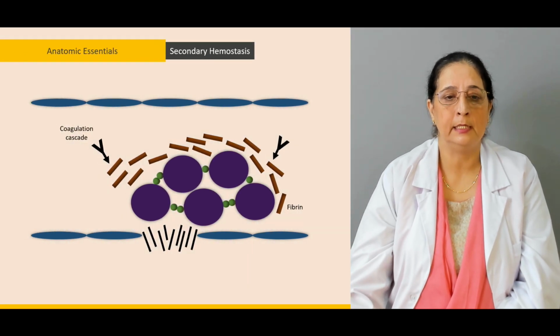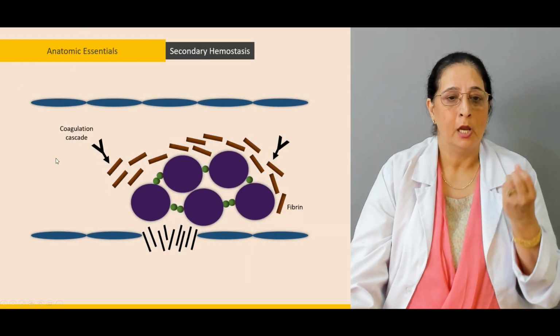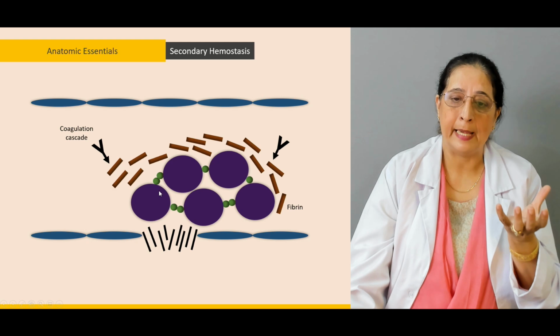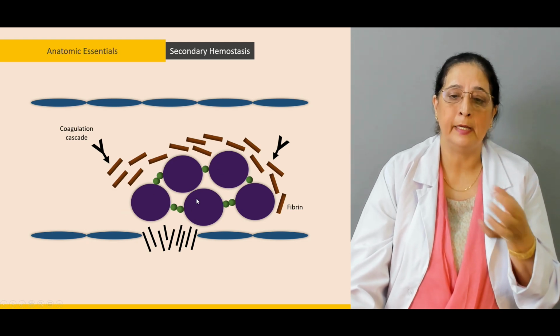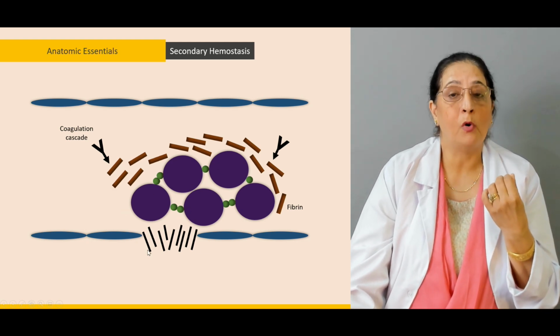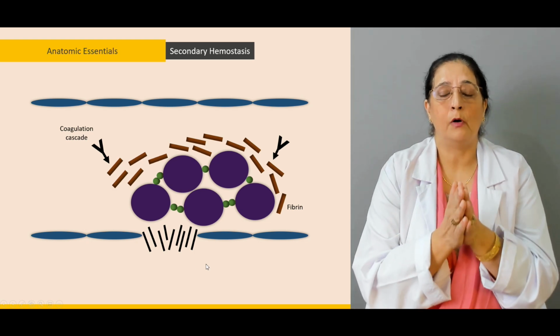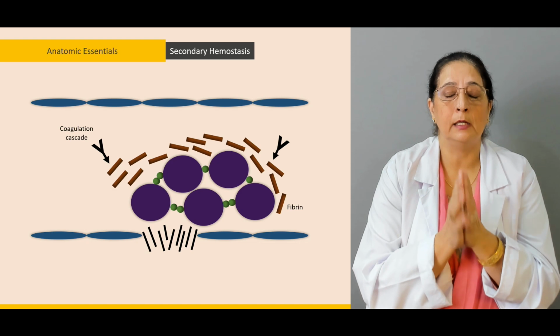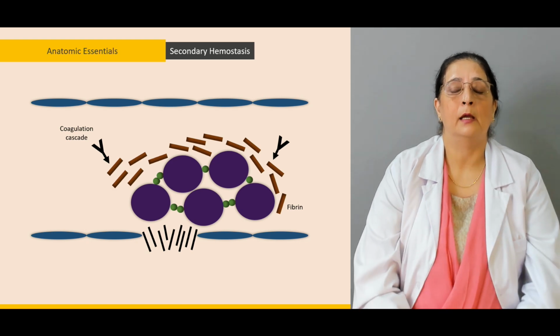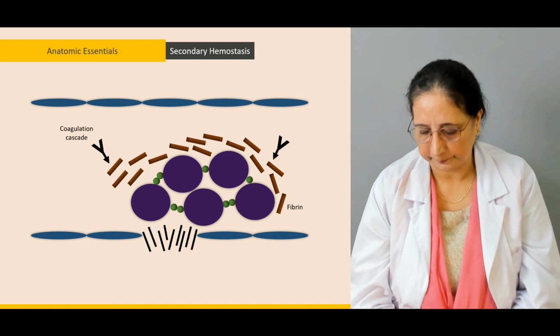This is again just the repetition. We have platelets, we have fibrin, then we have von Willebrand factors. All these together form the platelet plug or the blood clot.